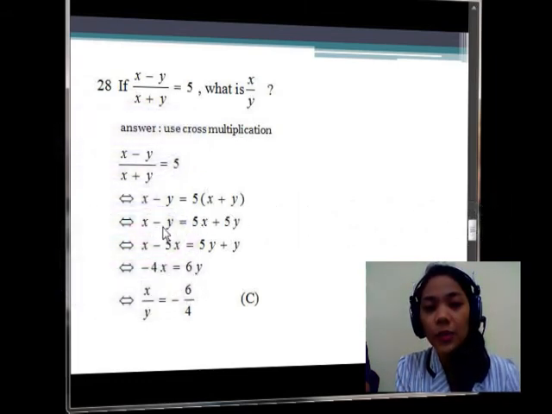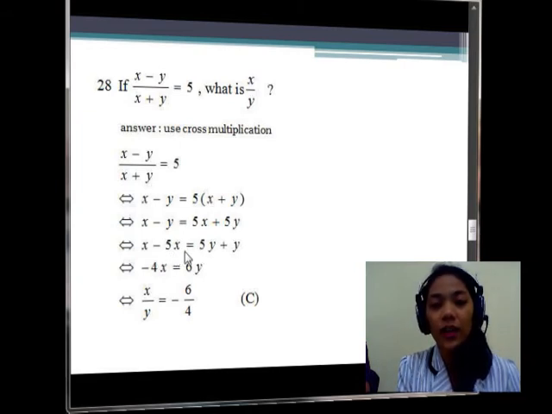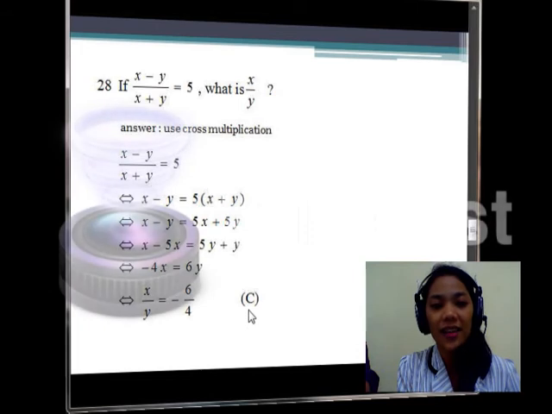So x minus y equals 5x plus 5y. And then combine like terms, x minus 5x equals 5y plus y. Negative 4x equals 6y. So x over y equals negative 6/4. So that's why the answer is letter C.